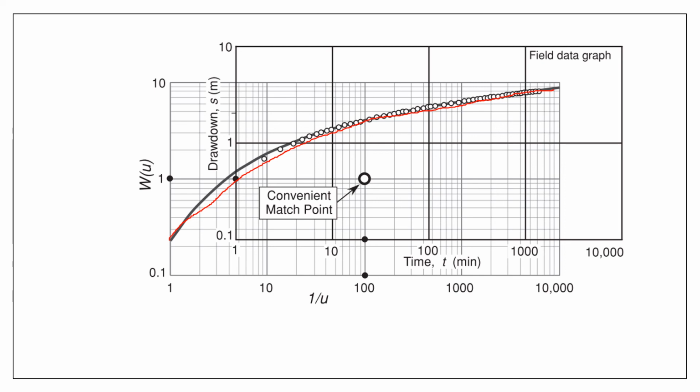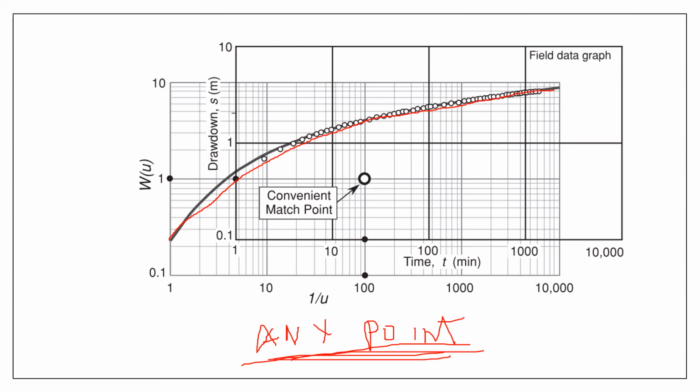What we do is we pick an arbitrary point. We just pick any point within the graph. It could be here, or here, or here, anywhere. But for the ease of calculation, it's best to pick a point that coincides with a whole number.